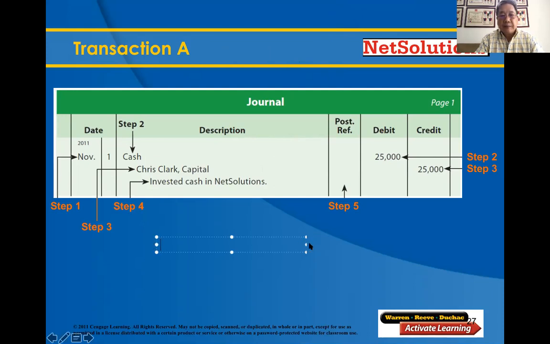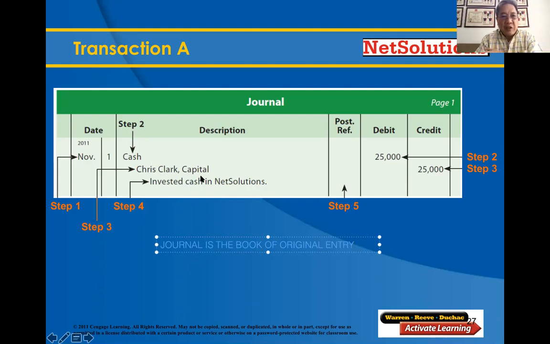Journal is the book of original entry. Bakit? Diyan mo nire-record muna agad ang bawat isang transaksyon.